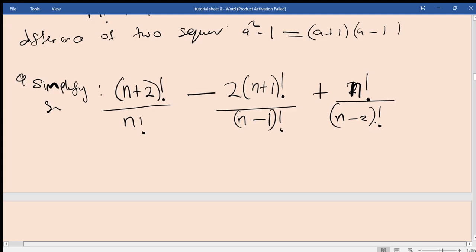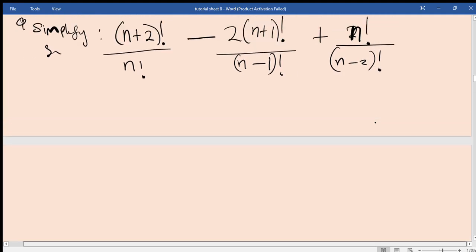Simplifying this, we can first take it part by part, then combine them last. So the first part we're going to simplify is this one, then we'll simplify that one, so that by the end we can just combine them.